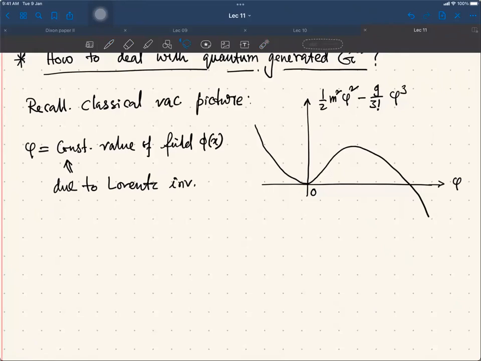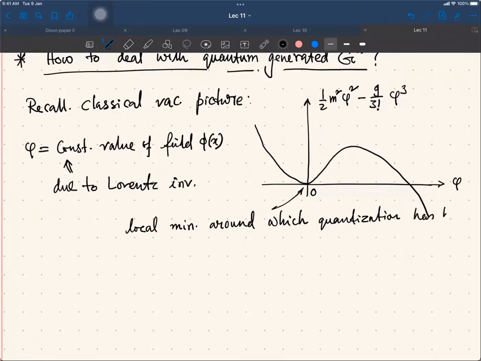So this is the local minimum around which quantization has been performed.